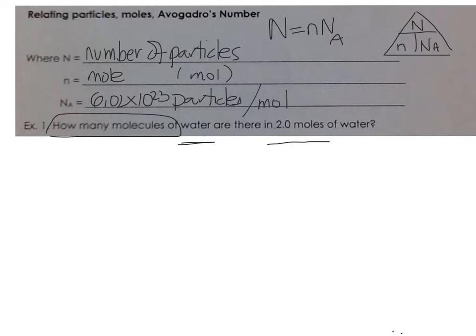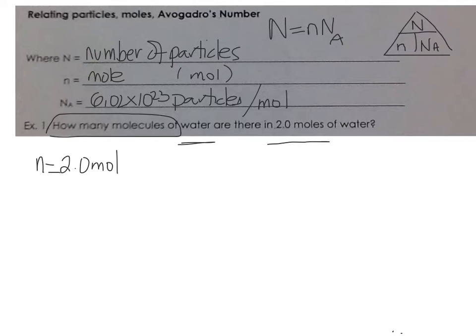So which letter did they actually give us in the question? Small n. They gave us 2.0 moles. The substance in the question is water. So is it a covalent compound or an ionic compound?